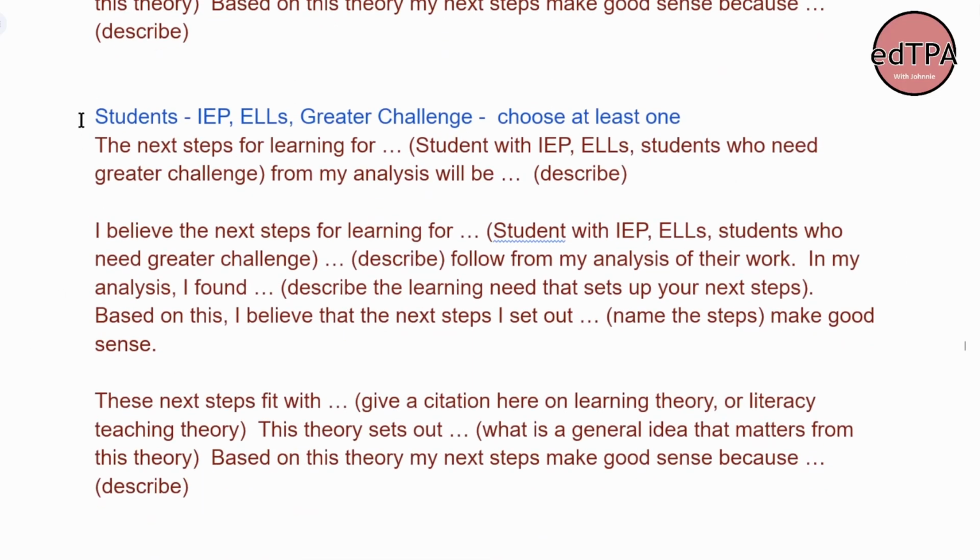And here, for students with particular learning needs, choose at least one, same frame, the next steps for learning, and you describe, and then you say why you believe this matters for them, and describing why they make good sense. And then for the students with particular needs, then you want to finish with connecting to learning theory.